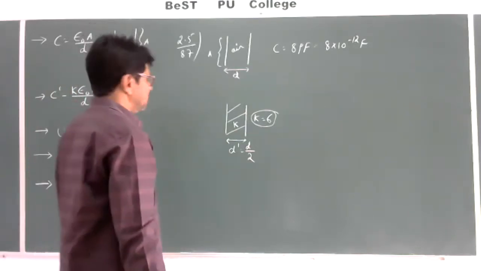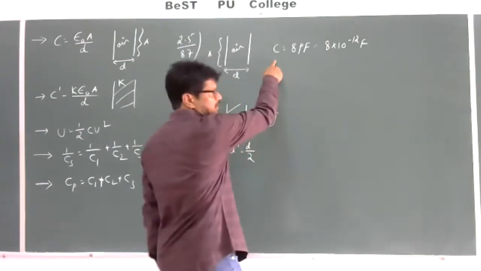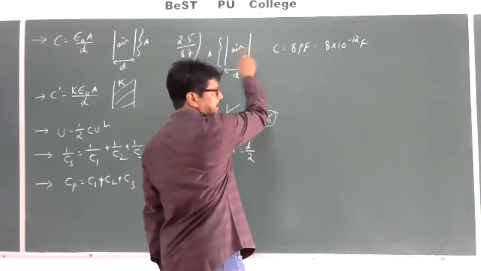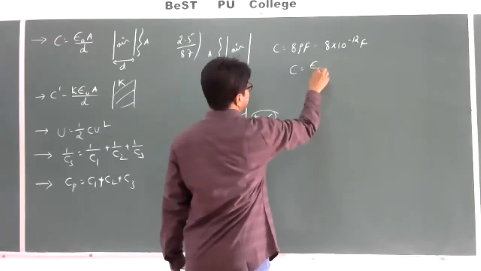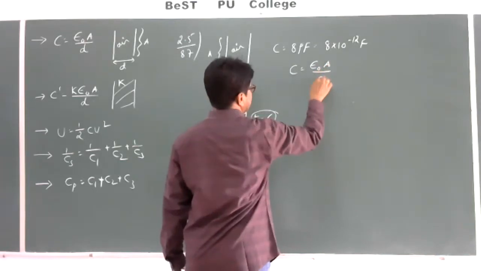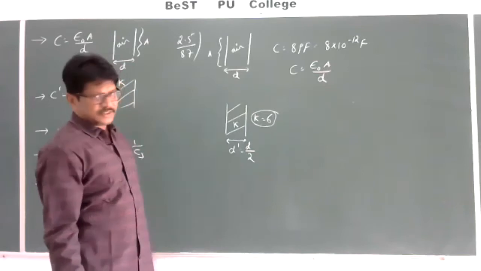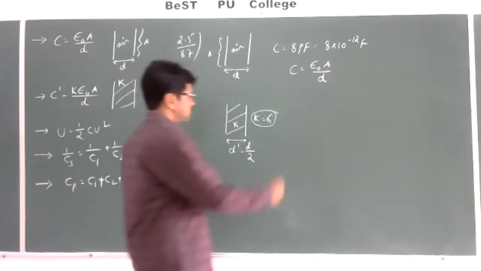Then what will be the new capacitance? So the data he gave is, initially it is a parallel plate air capacitor. Then as we know, C is equal to epsilon naught A by D. But in the second case, it is filled with a dielectric.